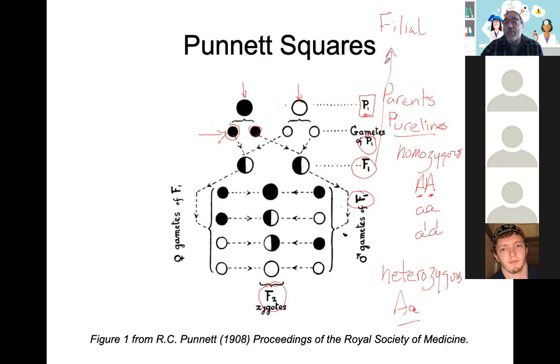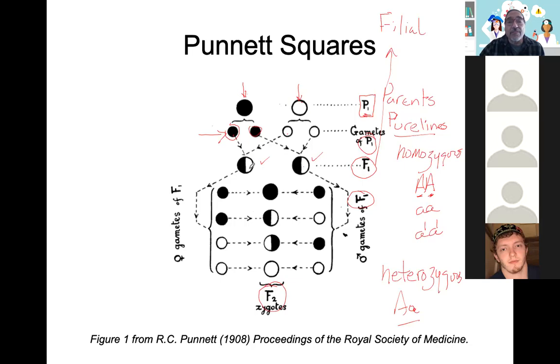Some of you may be more familiar with the French, fille or jeune fille, son or daughter. So filial are the sons and daughters of the previous mated generation. So we see in the first filial generation, all the individuals are heterozygous.